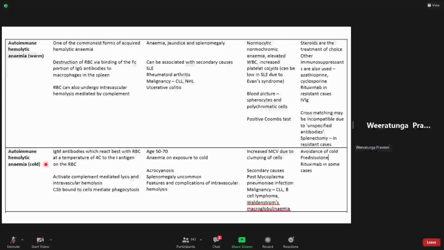Whereas warm autoimmune hemolytic anemia is mostly IgG mediated, right? So these are some differences. Another big difference between the two is cold autoimmune hemolytic anemia usually is intravascular, while warm is mostly extravascular, right?